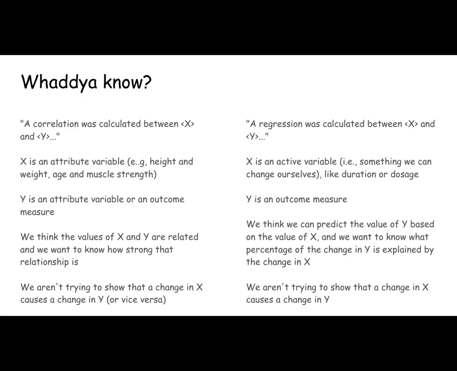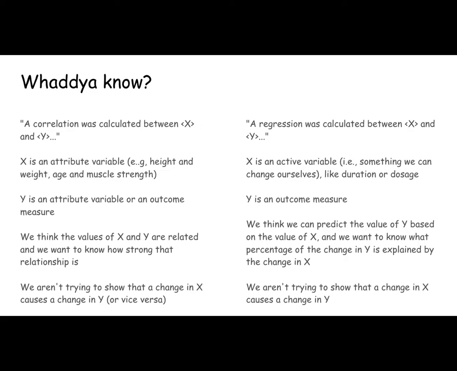It's things that we can't assign to a person. Y is also some kind of attribute variable, or it can be an outcome measure. So looking at the correlation between height and weight, age and muscle strength, those are attribute variables. We can look at outcome measures as well.